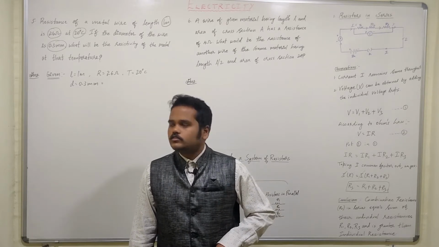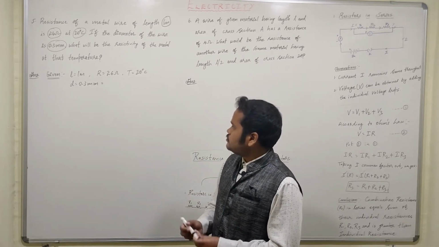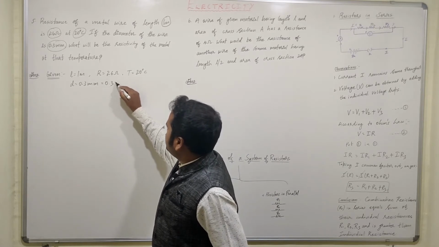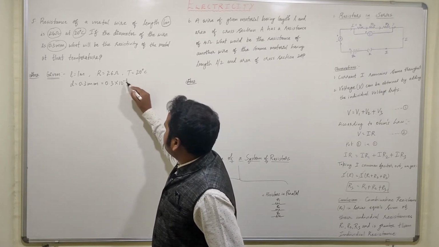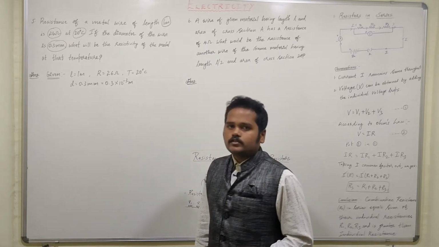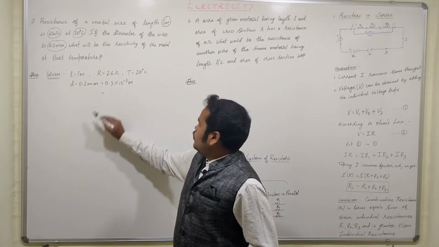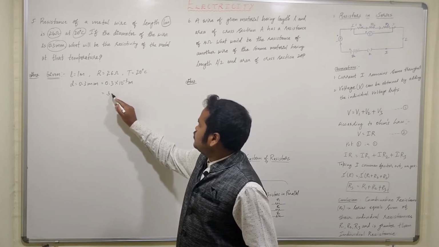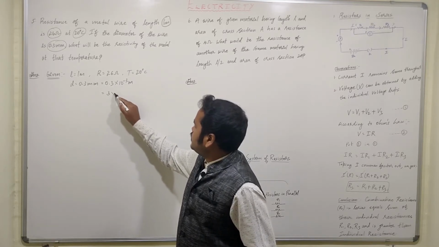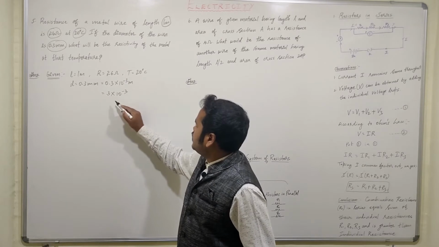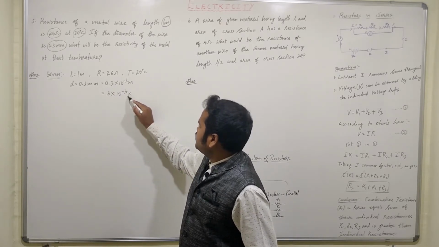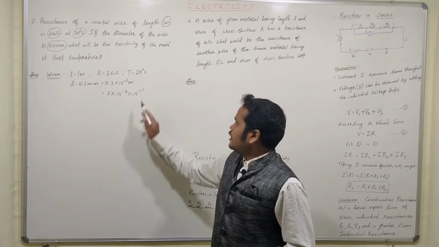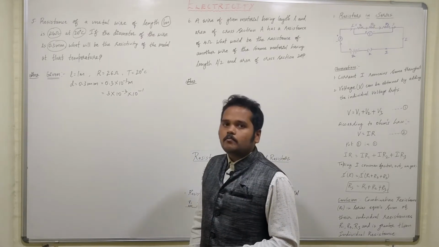So let's do this. 0.3 into 10 to the power minus 3 meter. Now we shift the decimal point one place to the right, so it becomes 3, and we write into 10 to the power minus 1. 10 to the power minus 1 minus 3 is minus 4.